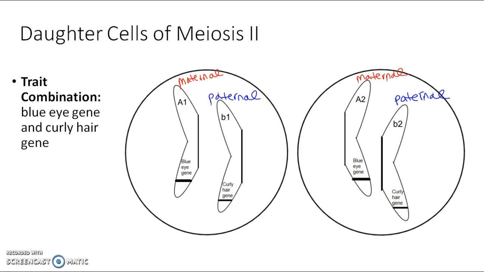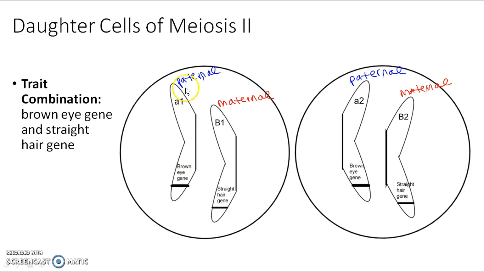That's going to result in the following possible combinations in the final daughter cells of meiosis 2, the sex cells. So in 2 of our daughter cells, we have the maternal big A chromosome with the blue eye gene and the paternal little b chromosome with the curly hair gene.